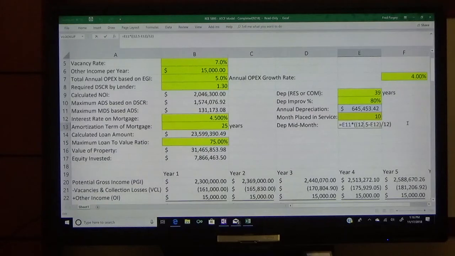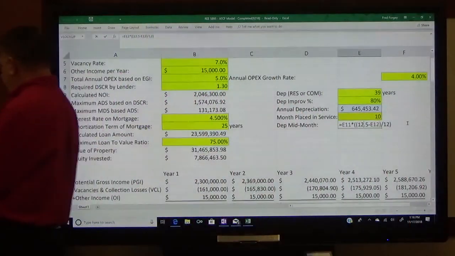So in this case, the annual amount is 645, what is it, 453.42. Okay, 453, good enough. Multiply it by that, and you get 134,469 and some change. Does that make sense, everybody?